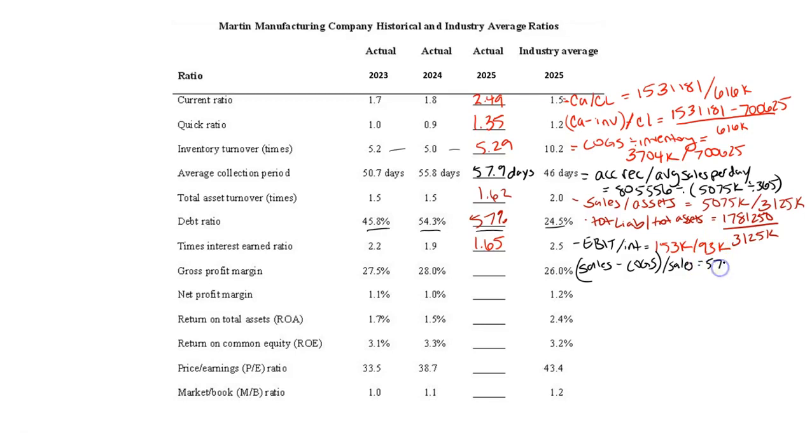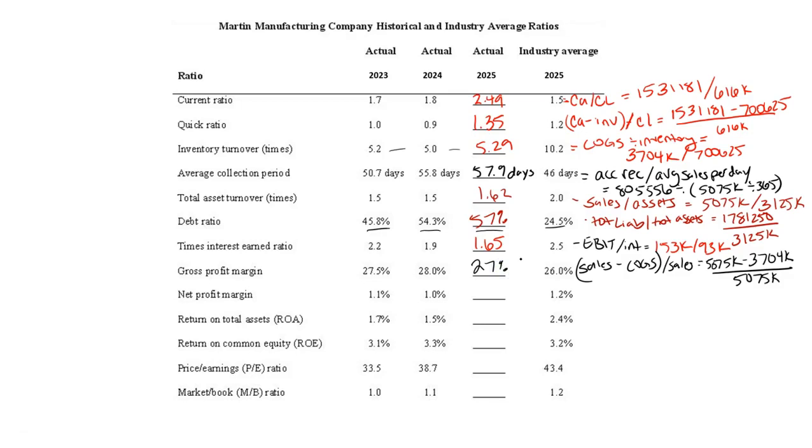So $5,075,000 minus $3 million. I boogered that up, haven't I? Minus $3 million. $704,000 divided by $5,075,000. And with that, we have a gross profit margin of 27%.